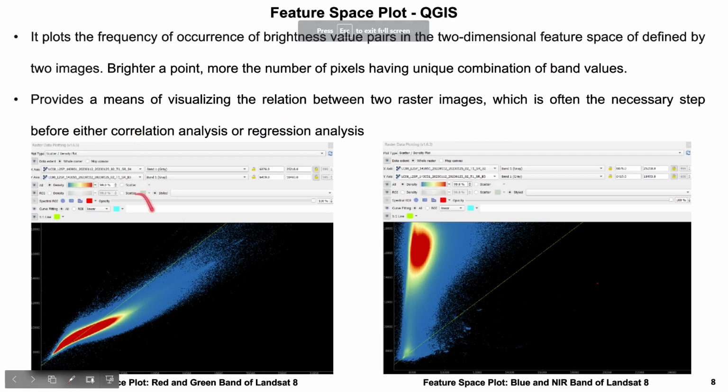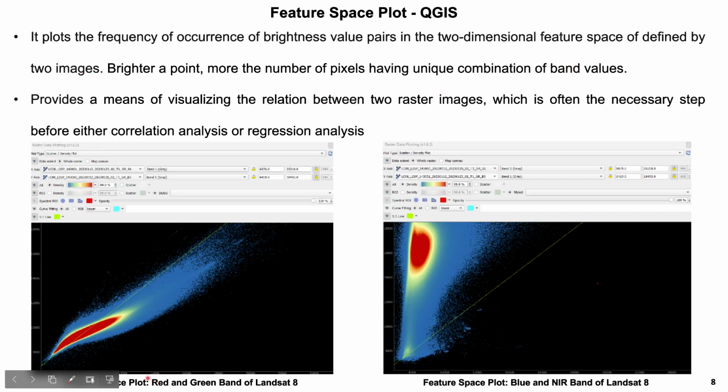Okay, so here what we are doing is we are plotting two different bands of the multispectral data, and then we are visualizing it in QGIS. So what it does is it plots the frequency of occurrence of the brightness values in the two-dimensional feature space defined by two images.